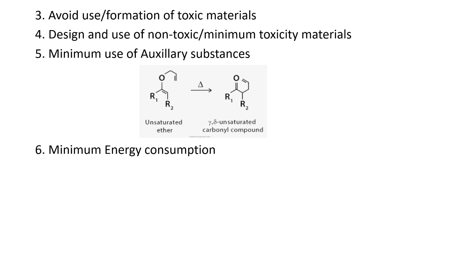So to save that energy, the synthetic process needs to be modified. Whatever chemical reactions are developed, or innovated, should be modified in such a way that by reducing the temperature or by reducing the pressure to ambient condition, a large amount of energy can be saved.